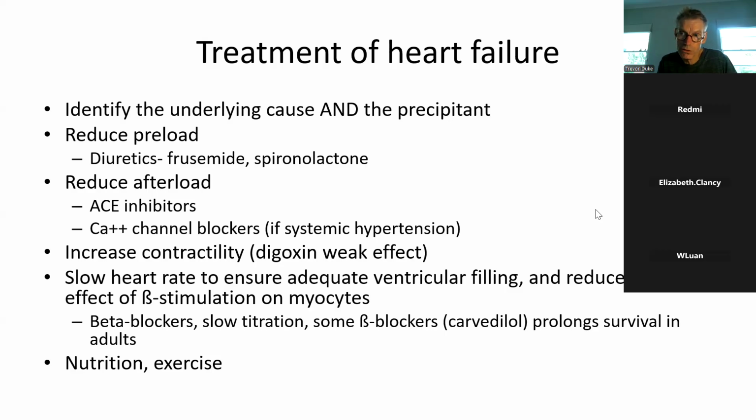Sometimes using beta blockers can help as well if they've got AF, slowing the heart rate can improve ventricular filling and therefore improve the function of the heart. Beta blockers are worth thinking about if you've got a child who's got severe tachycardia. And then for chronic heart failure management, nutrition is very important in these patients, and as is exercise, actually.